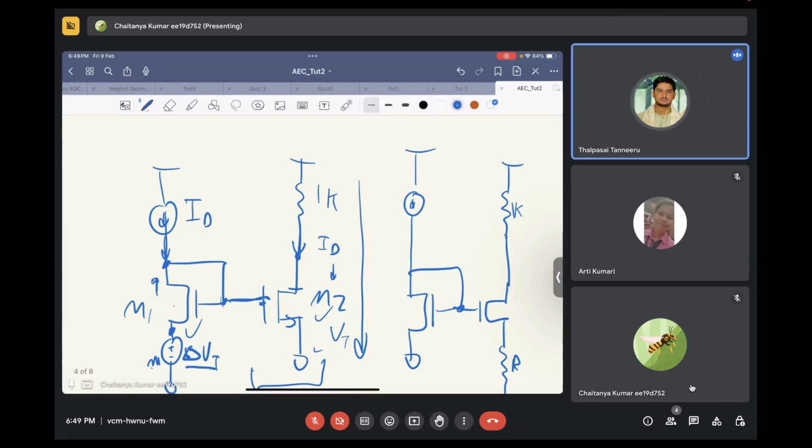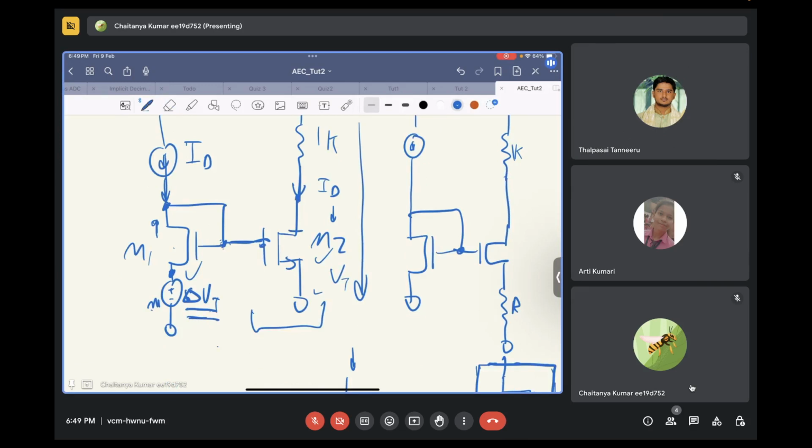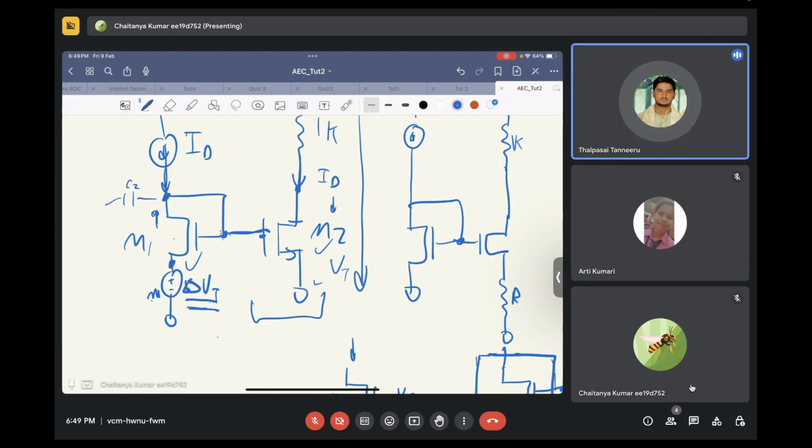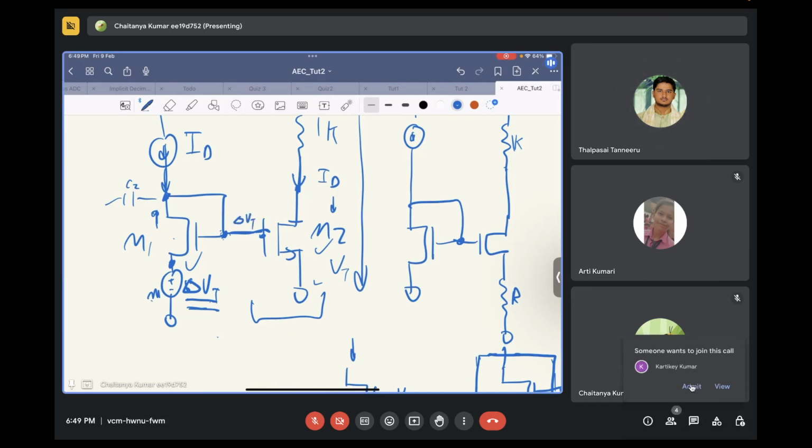So whatever delta Vt comes in will directly appear at the gate of the transistor M2, because there is nothing to go over here. This C2 is an open circuit as far as DC voltages are concerned. So it will directly appear at the gate of the transistor M2.